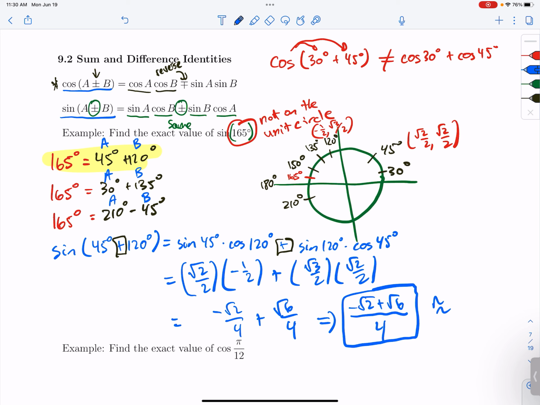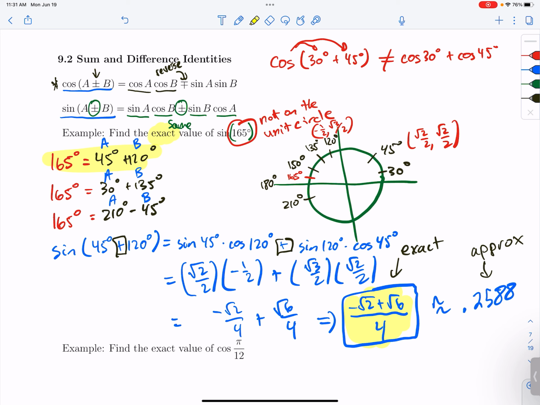And I get about 0.2588. So one thing to notice or remember is that this is the exact value and this is the approximate value. So in the instructions, when it says to find the exact value, we want this one right here.